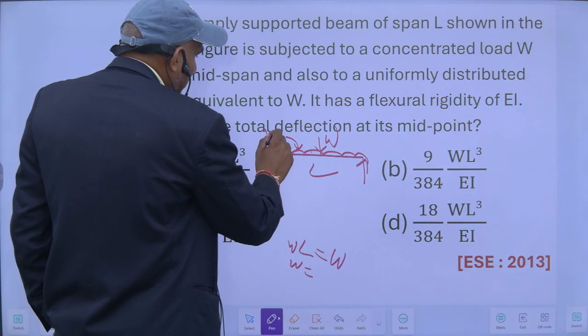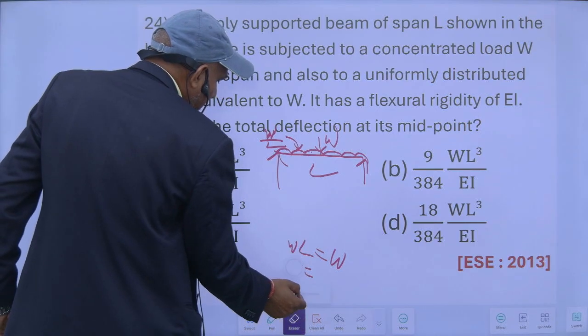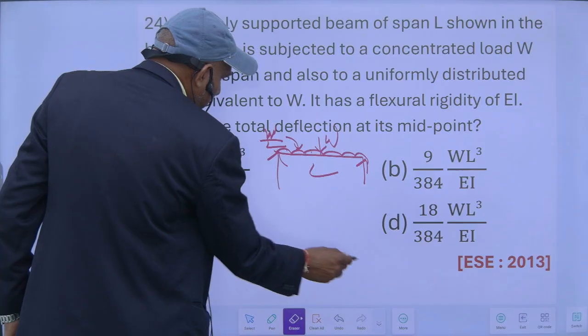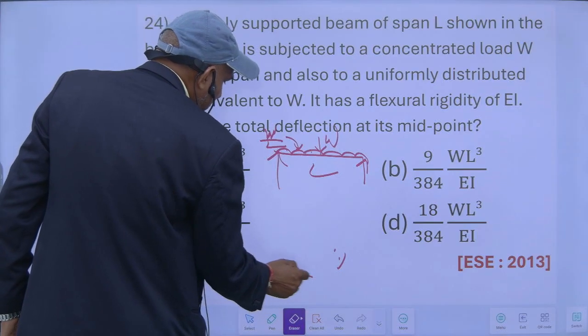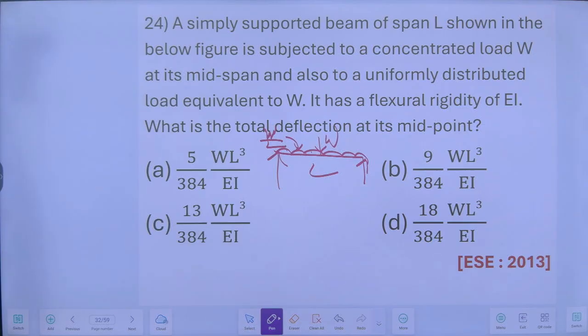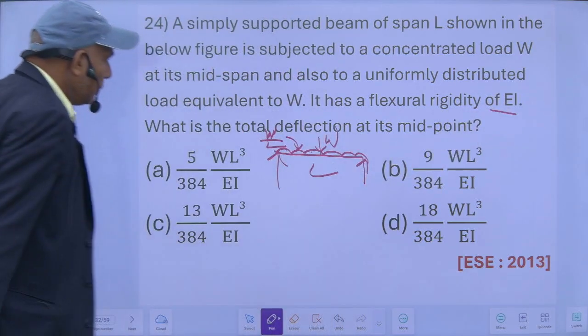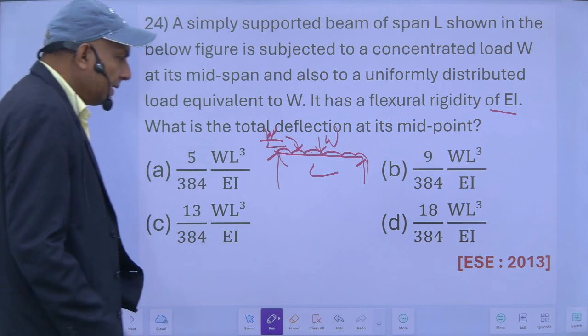This is capital W upon L is the intensity here. It has a flexural rigidity of EI. What is the total deflection at its midspan?